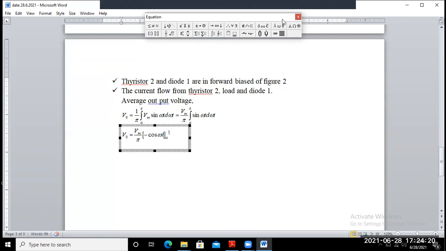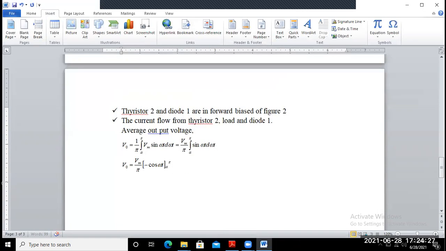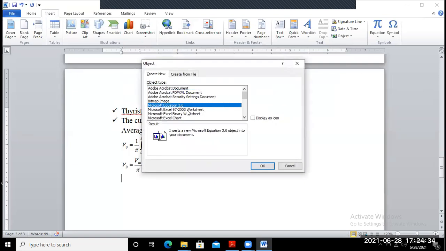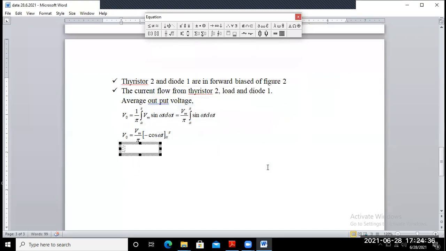So V0 equal to Vm by pi, and you put the lower and upper limit.